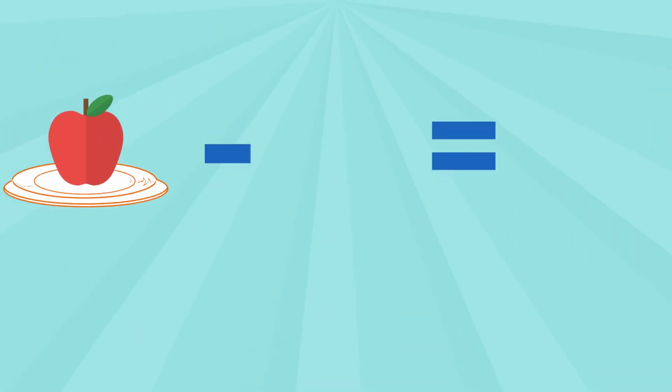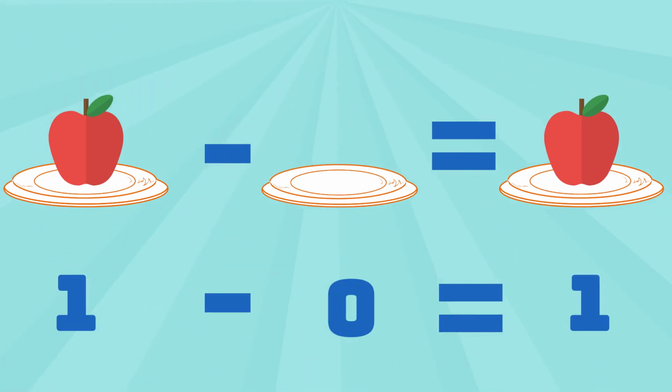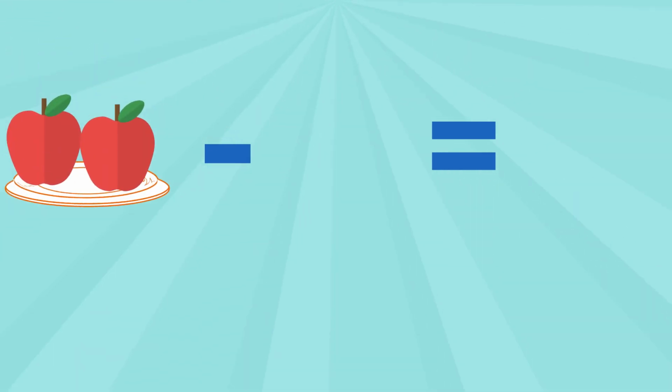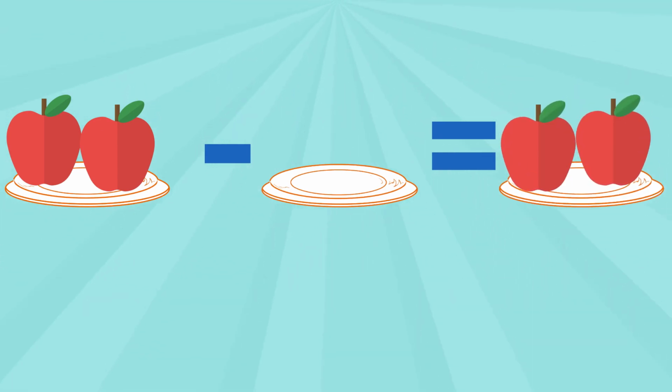1 apple minus 0 equals 1 apple. That means 1 minus 0 equals 1. 2 apples minus 0 equals 2 apples.